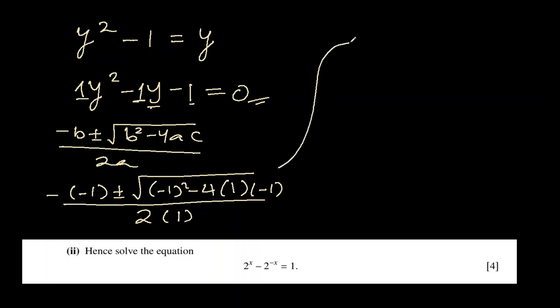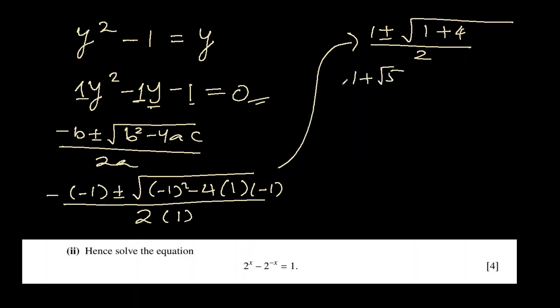So let's complete it here. It will be 1 plus minus square root 1 plus 4 over 2. And we are left with 1 plus square root 5 over 2, or 1 minus square root 5 over 2.